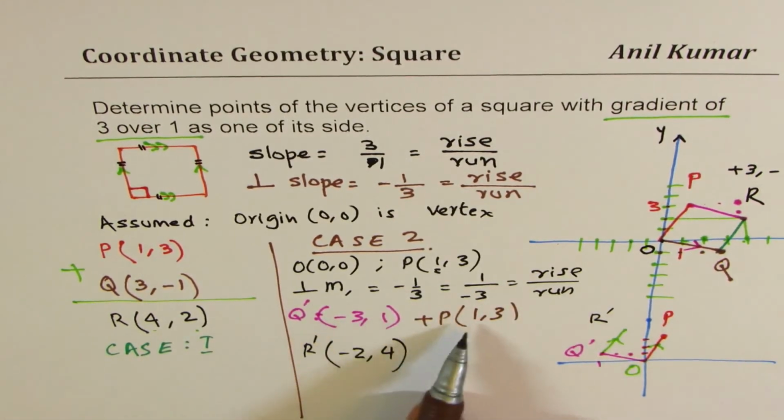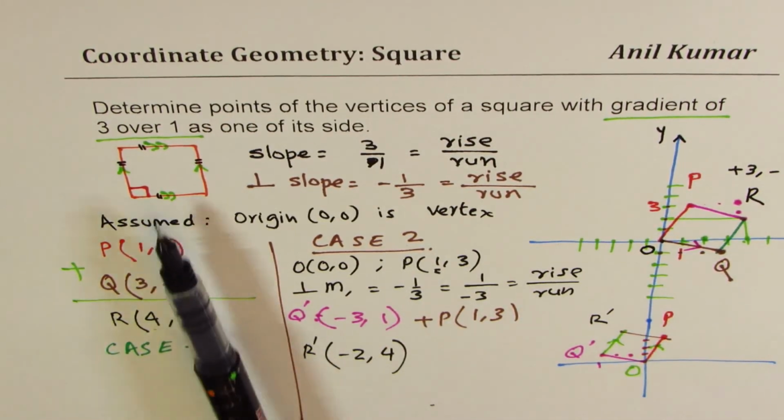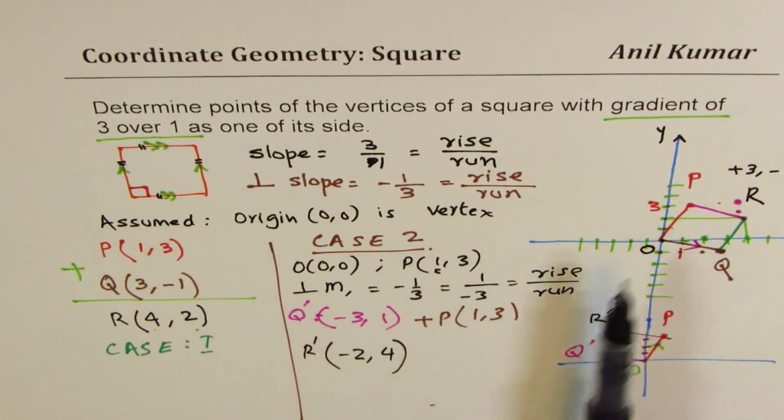So minus 3 plus 1 is minus 2. 1 plus 3 is 4. Same equation. So I hope that helps. So you can find the second square with the given condition. Right? So that's how you could do it. So you could get more than one solution. And a simple concept of understanding what a square is helps to find the coordinates as we did here.